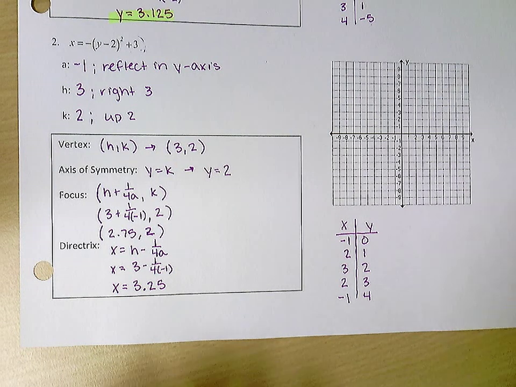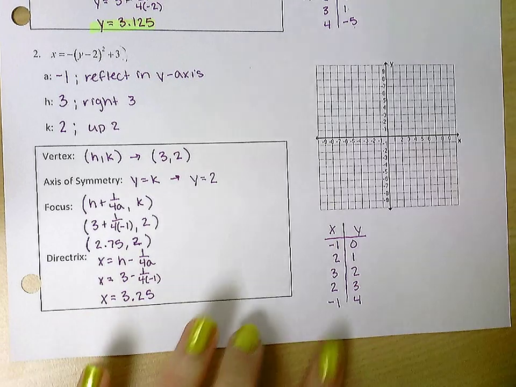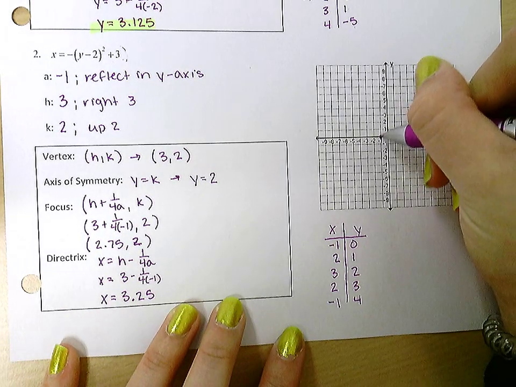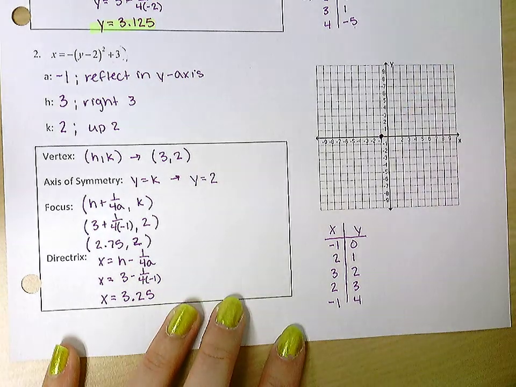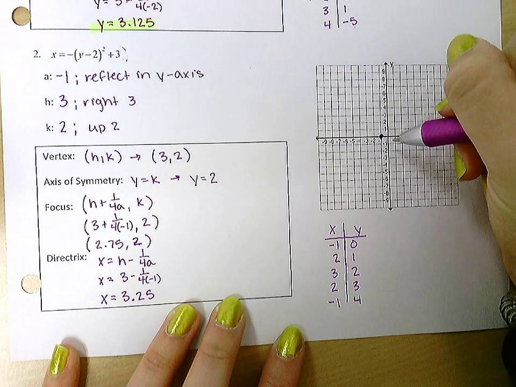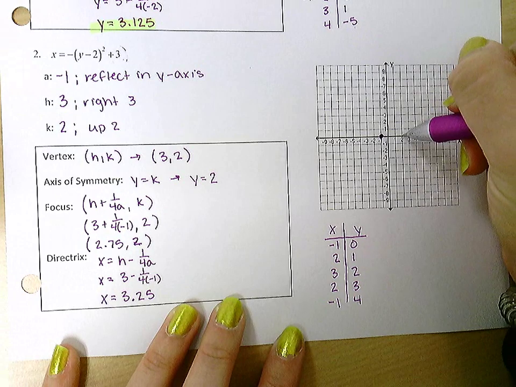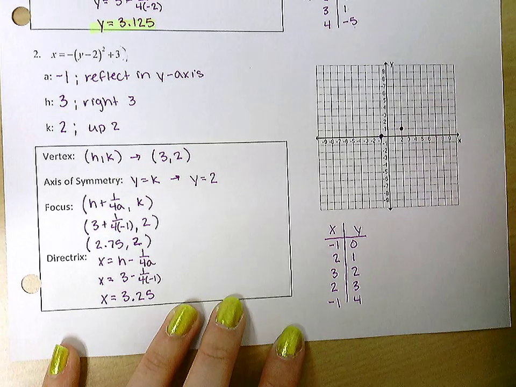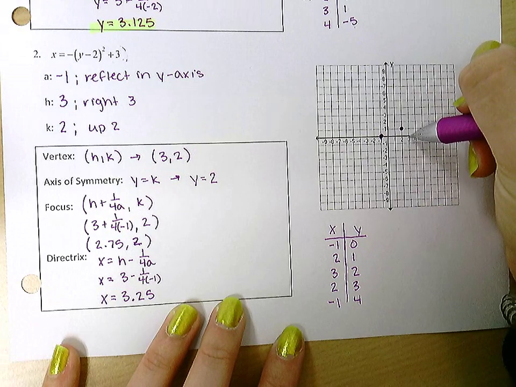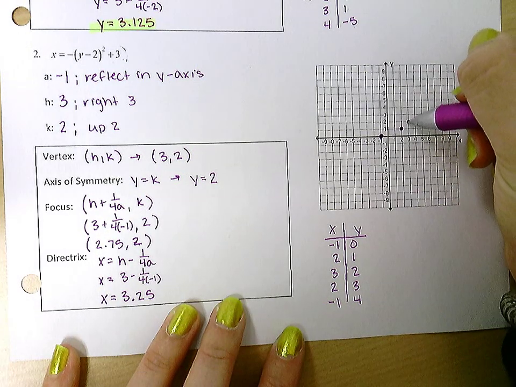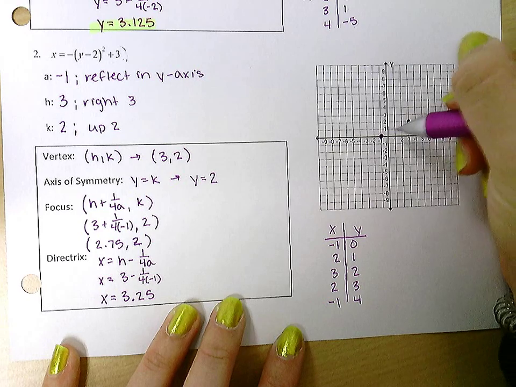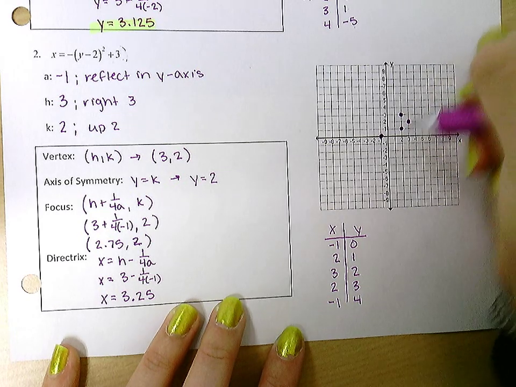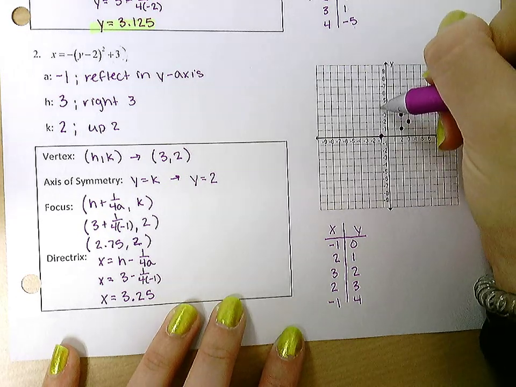Then we can plot these points. So we have (negative 1, 0), (2, positive 1), (3, positive 2), (2, positive 3), and (negative 1, positive 4).